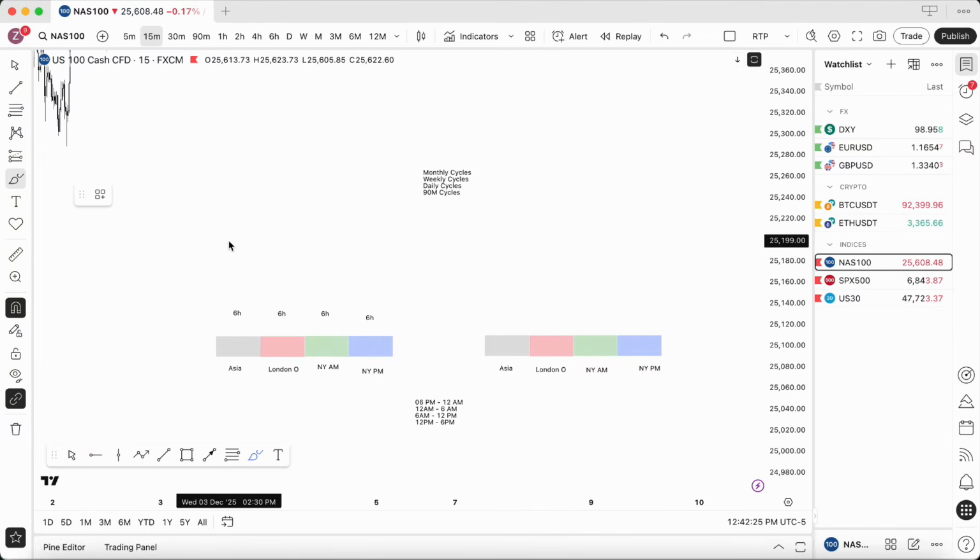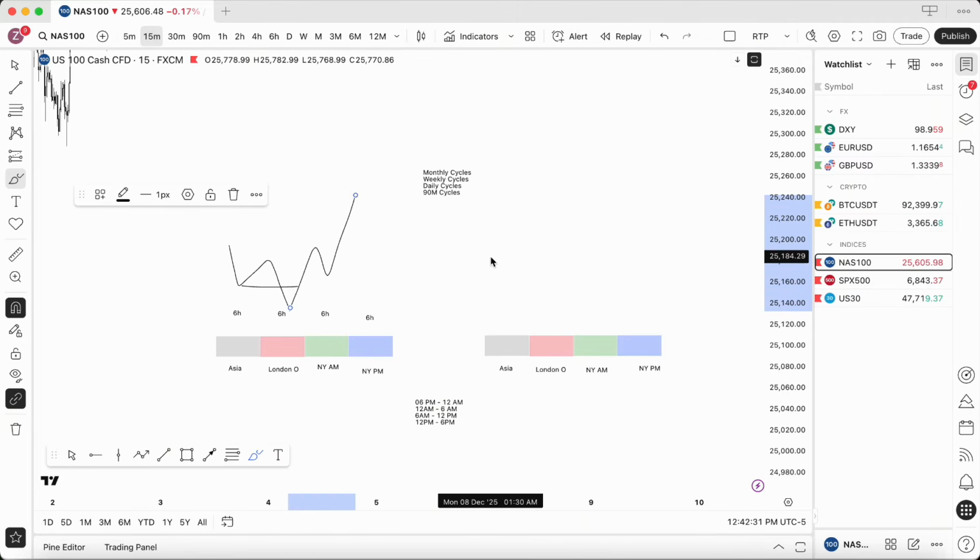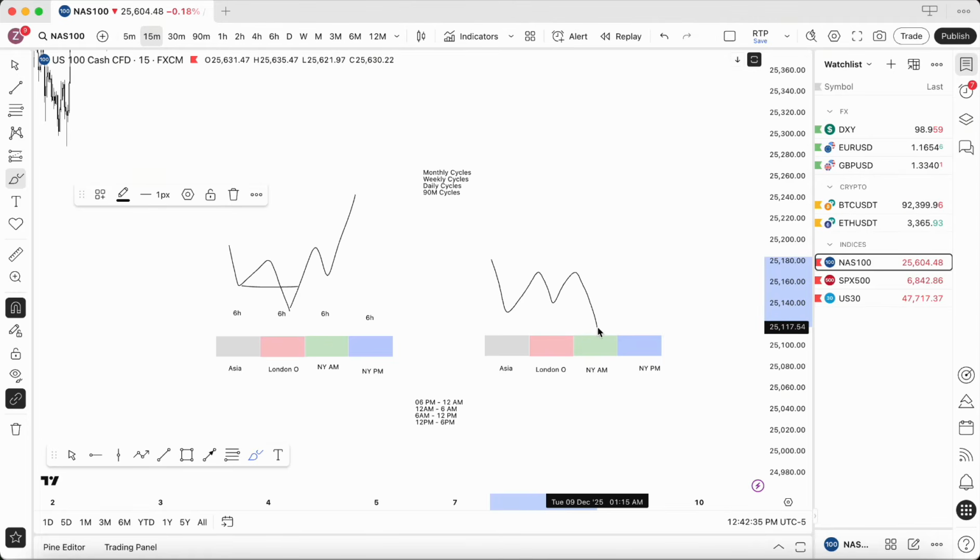Now, the SMT can happen between sessions, like London swooping this for New York OTE into making it like that and swooping that. It is really, really good. It can happen.